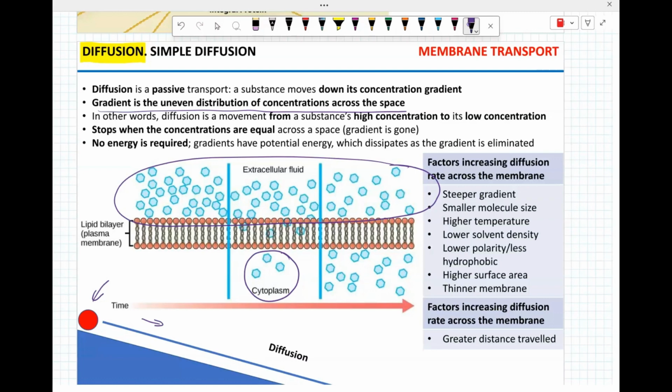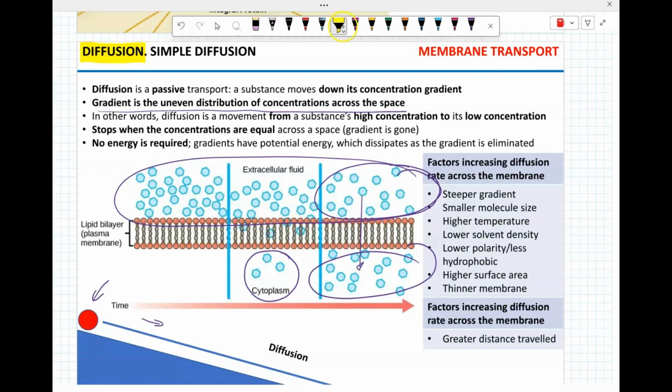The difference in concentrations represents a gradient, and this gradient drives the movement of the molecules across the membrane. Diffusion stops when the concentrations of the chemical are equal on both sides of the membrane, equal across a space. In other words, diffusion stops when the gradient of concentrations doesn't exist anymore.